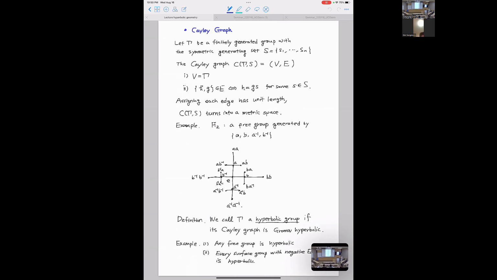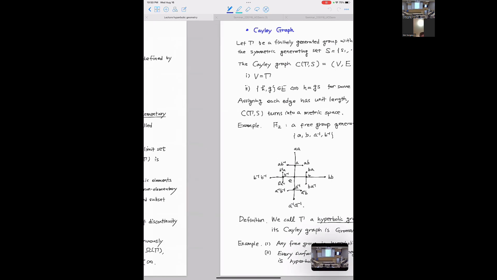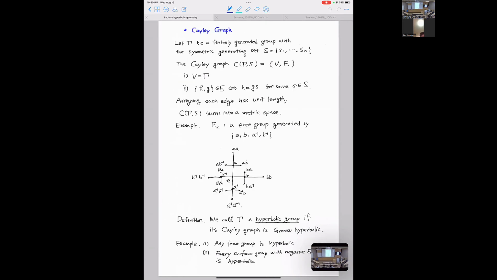Okay, so I want to finish the definition of the Cayley graph. Let gamma be a finitely generated group with a symmetric generating set. Then we can define a graph, the so-called Cayley graph.